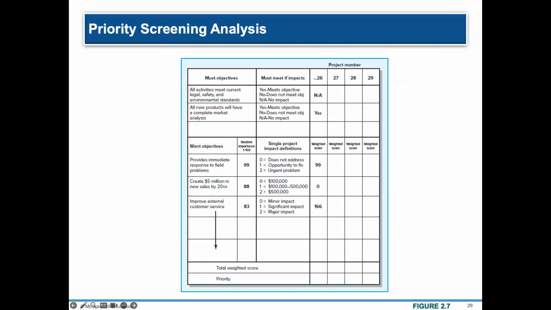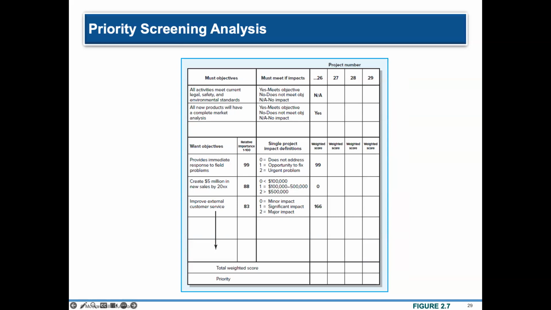So here is an evaluation sheet that is used for priority screening. This is priority screening analysis. It consists of two parts.